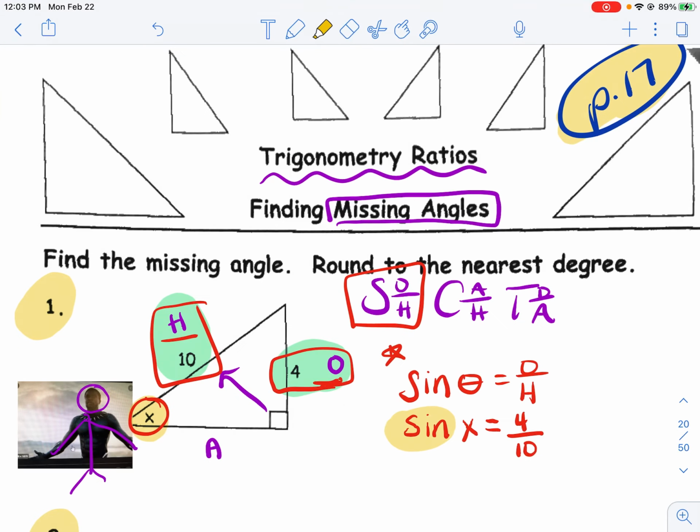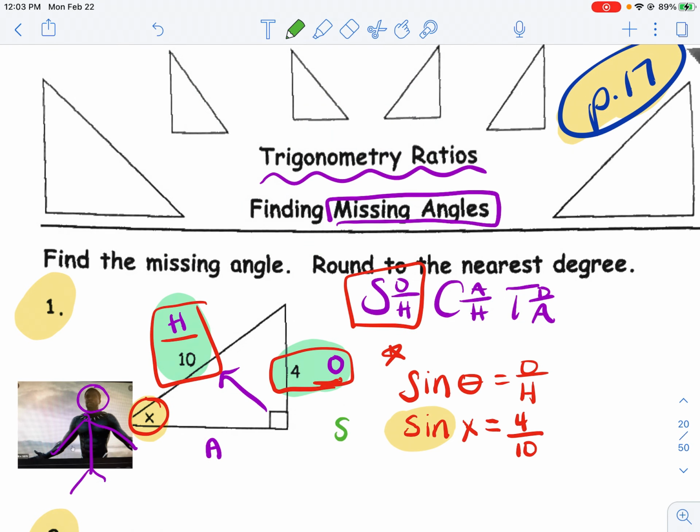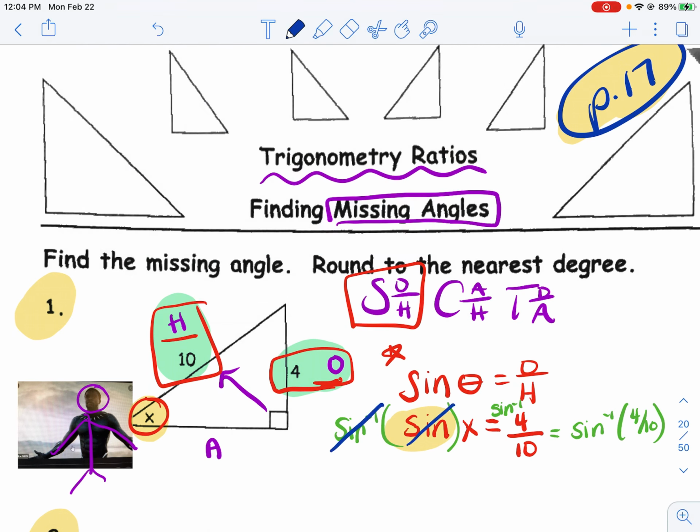So we are going to cancel the sine by applying sine of -1, the inverse. I'm also going to do sine of -1 here on the other side, which is going to look like this on your calculator, still keeping that 4 over 10. So what's going to happen here? These are going to cancel.